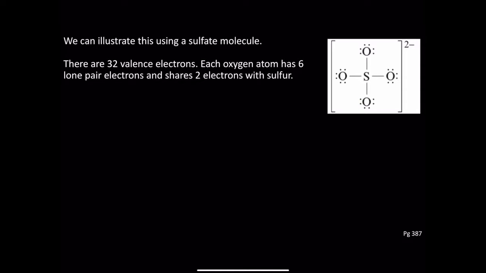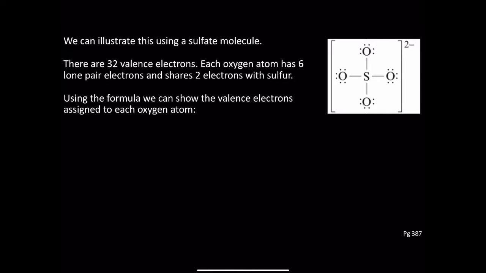However, when we're counting the actual electrons that are attributed to oxygen, we can't just say, oh, it's got 8, because its octet is full. So instead we'll find the formal charge by using the formula, and we can show the valence electrons assigned to each oxygen atom.